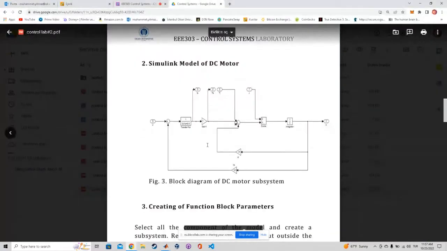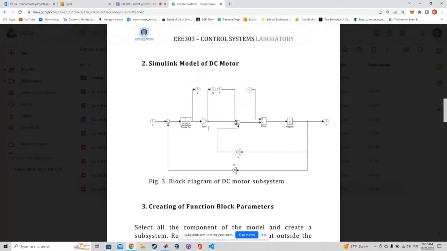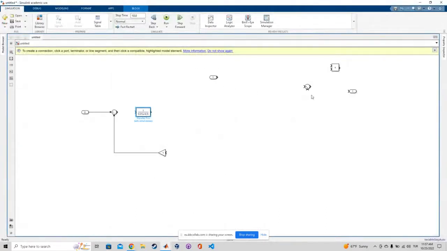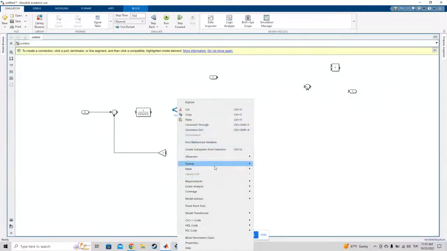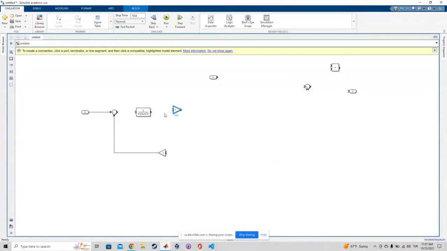So, and the second one is we have another gain here coming from our transfer function directly. So we just can copy this one and paste it. We want to flip this gain. You just go to format, flip your gain. We connect it.